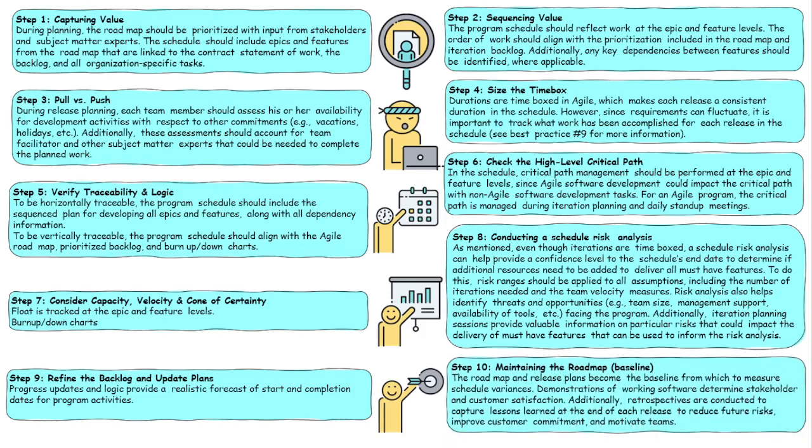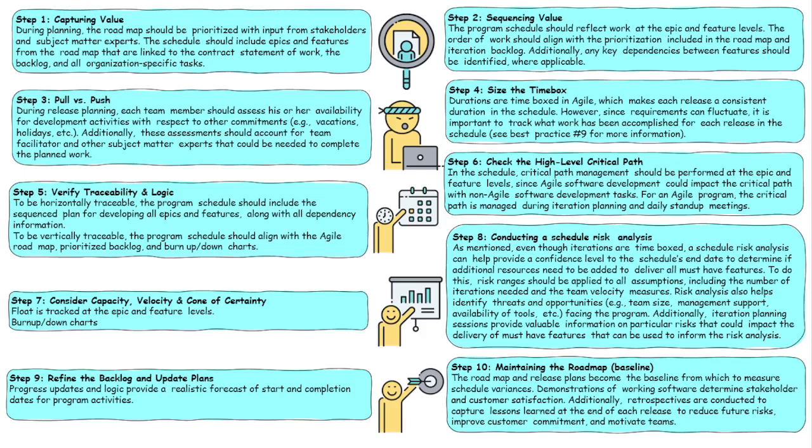And number 10, maintain the roadmap. The roadmap and release plans in Agile become the baseline from which to measure schedule variances. Demonstrations of work in software or work in product determine stakeholder and customer satisfaction. Additionally, retrospectives are conducted to capture lessons learned at the end of each release to reduce future risks.